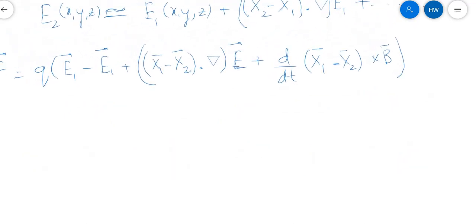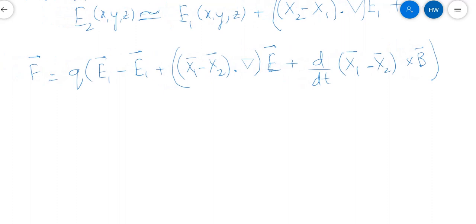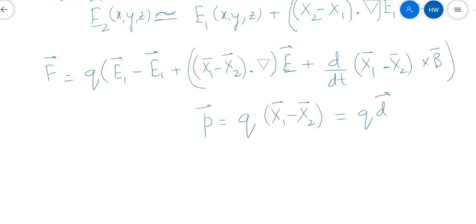Now you will quickly recall the definition of the dipole, where the dipole moment is given by q times x1 minus x2, and so I can write this out as p dot del acting on E plus dp by dt crossed with B.